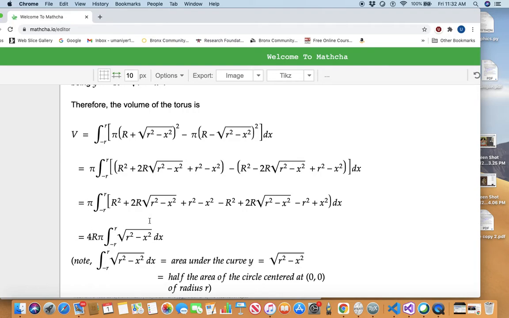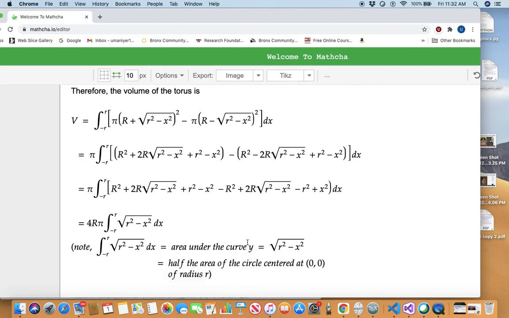Now let's look at this integral. What is this? This is just the top half of a circle. Integral negative r to r is nothing but area under the curve. This is what we learnt in the first calculus course. Integral negative r to r, some function dx, is area under the curve. But the area under the curve here is the top half.